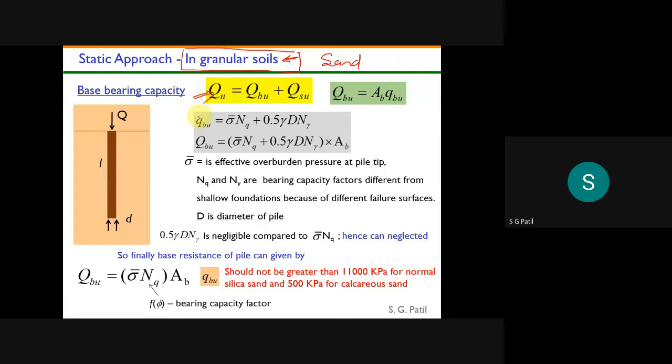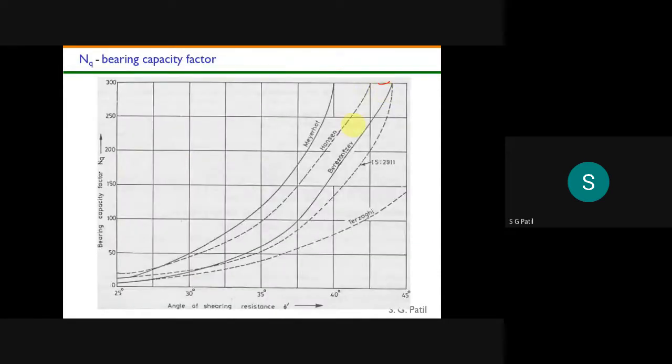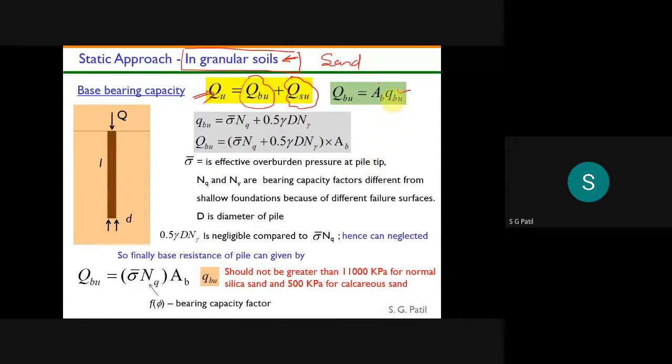Q ultimate is nothing but a combination of base resistance plus the shaft resistance. So what is QBU? This QBU is equal to the unit base resistance into the base area.